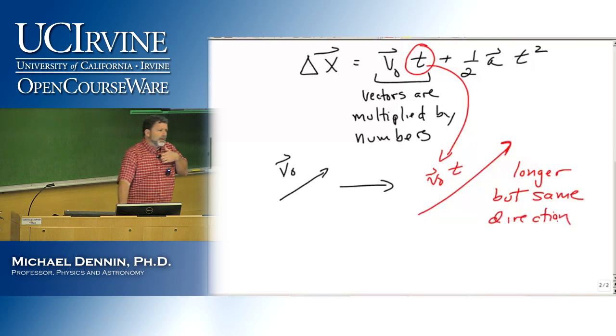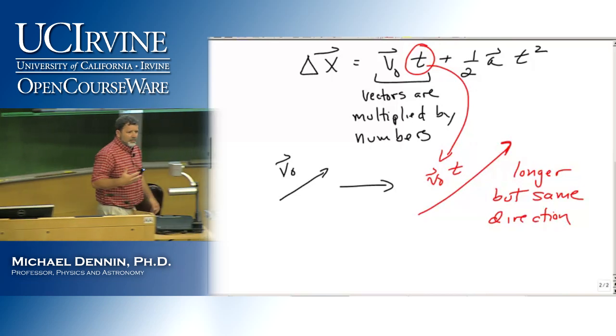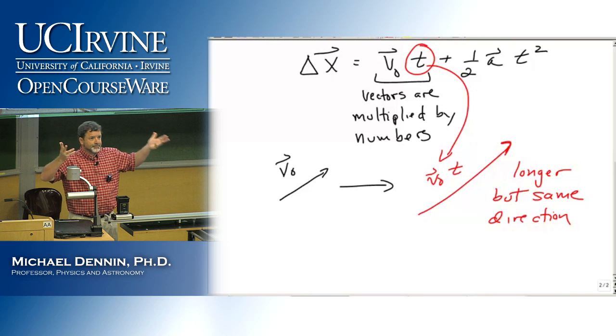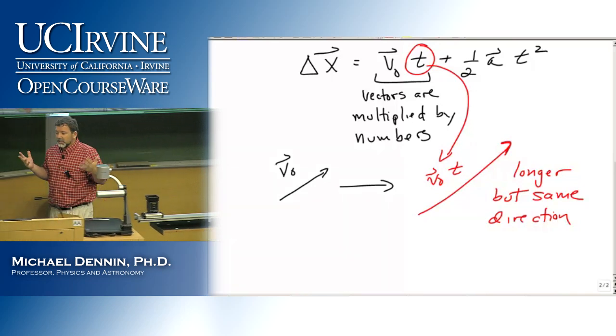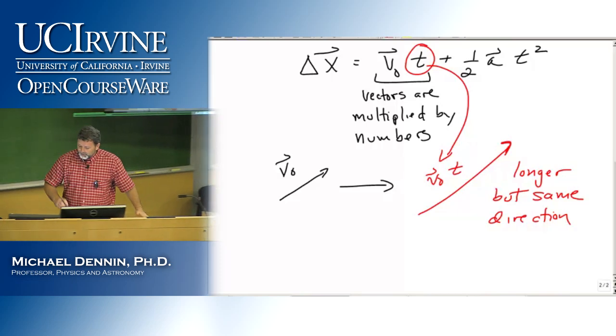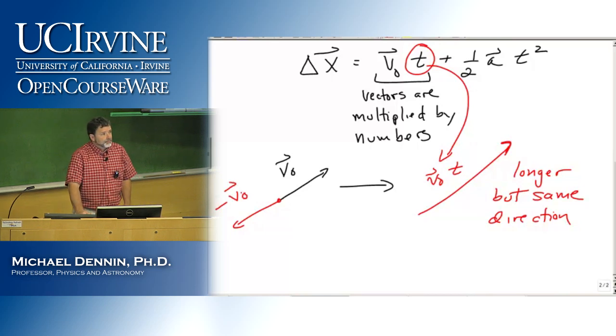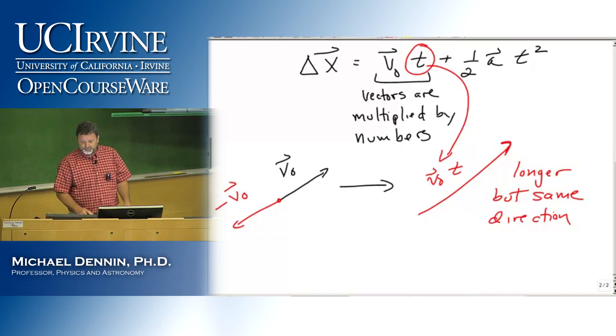What is the only number I can multiply by, or type of number that might change the direction of a vector? Negative. What does the minus sign do? Just switches the direction. So I do have the situation where multiplying by any negative number would reverse it. And you have to keep that in mind.